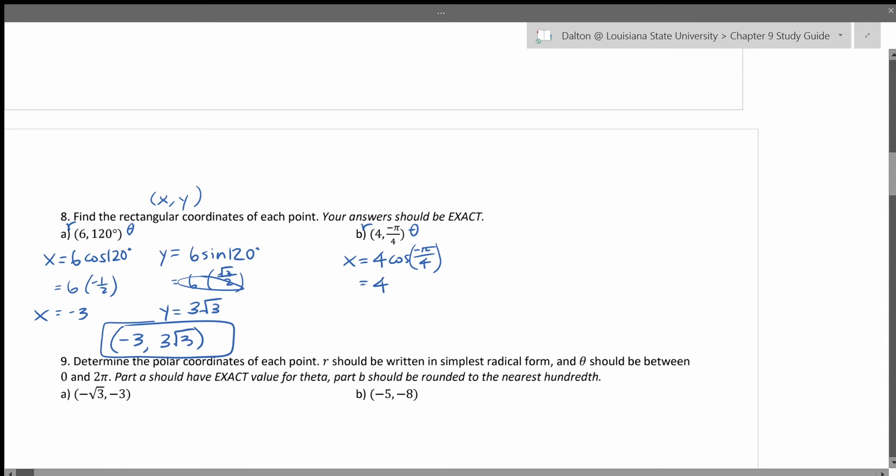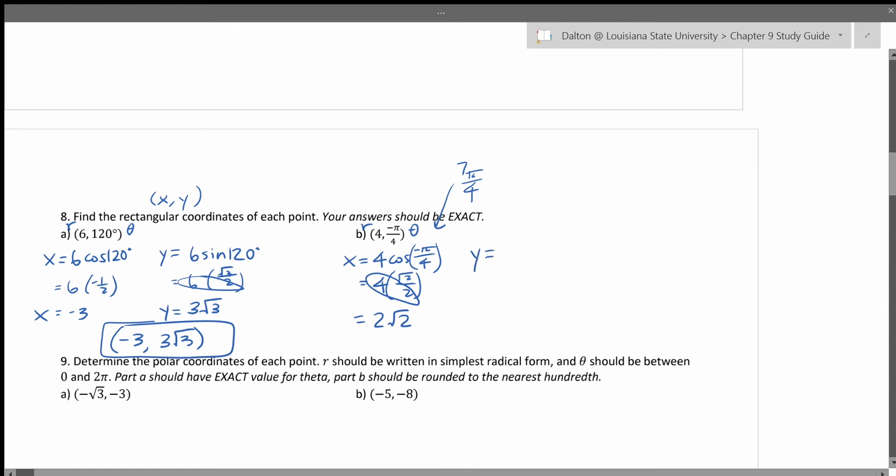Now, negative pi over 4 is not on your unit circle exactly as it is. So that just means you need to start at 0 and go clockwise pi over 4, which is the same thing as 7 pi over 4. The cosine at that value is the square root of 2 over 2. And then when we reduce that, 4 divided by 2 is 2. So that's going to be 2 square roots of 2.